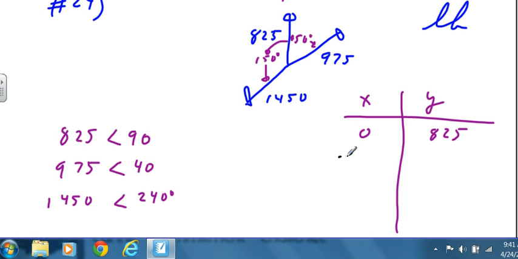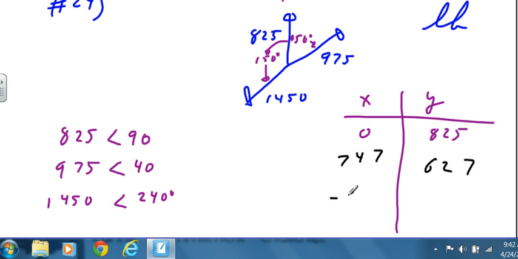And I get a 975 times sine 40. And I get a 627. And then I go 1450 times cosine 240.